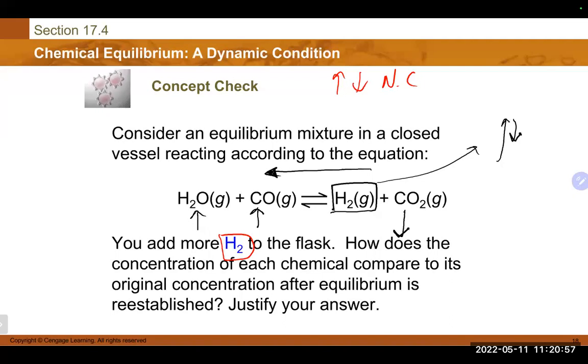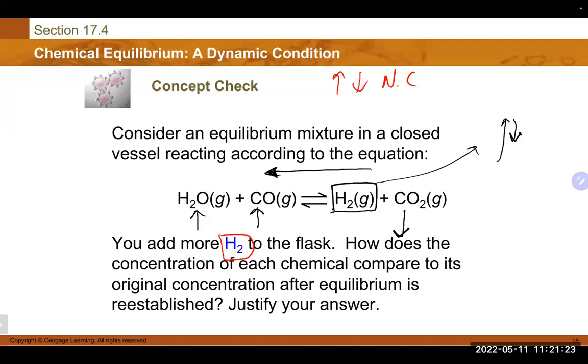It would be hard to tell. It depends on where you started and how much you added. So if you didn't add a ton, you might end up a little bit lower than where you started. But if you added a lot, just to make sure everything would go the way you want it to go, you may have added so much that even though it starts reacting and reaches equilibrium, you may actually be a little bit higher than when you started. That's just a fact of you artificially adding it.